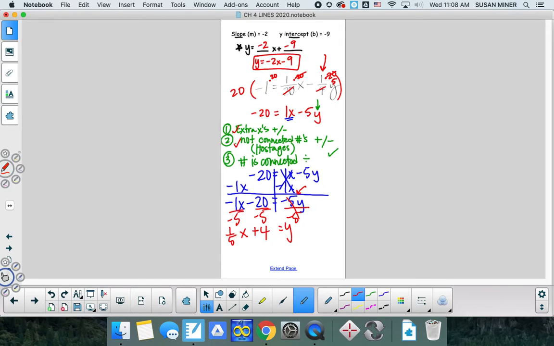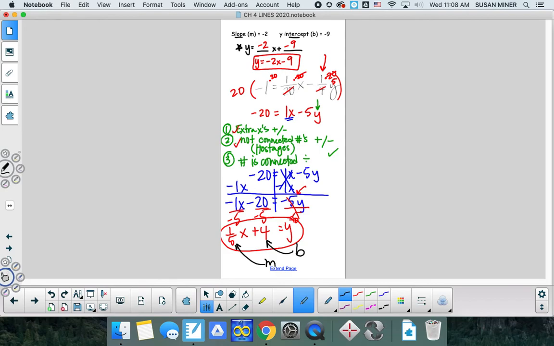Once I have my equation in slope-intercept form, that's what I'm looking for, right? Then I can determine, here's my slope. Here, I have totally led you astray. I take that back. Here's my y-intercept. Here's my slope. This equation is a little bit backwards because I've got y on the right-hand side.